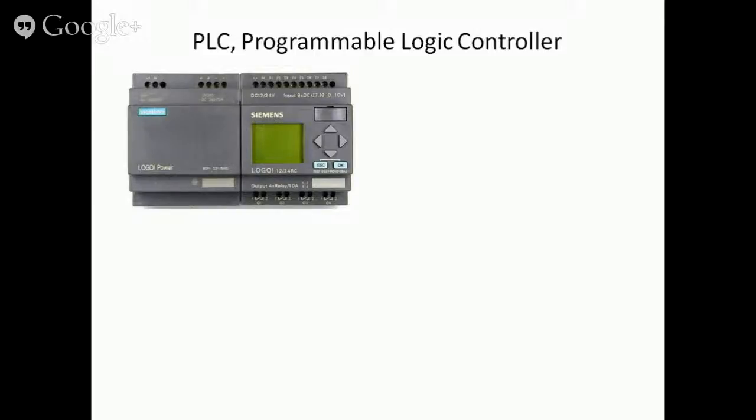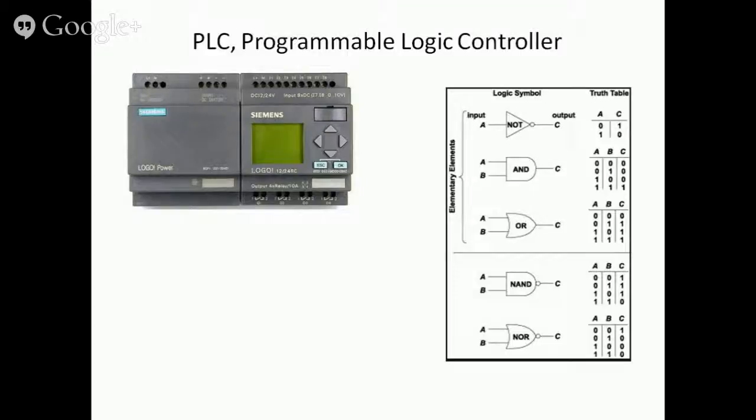PLCs receive input signals on the top and send output signals below to all components of the assembly automat, thus controlling the process. As the name suggests, PLCs work with logic functions such as NOT, AND, OR, and combinations of these.